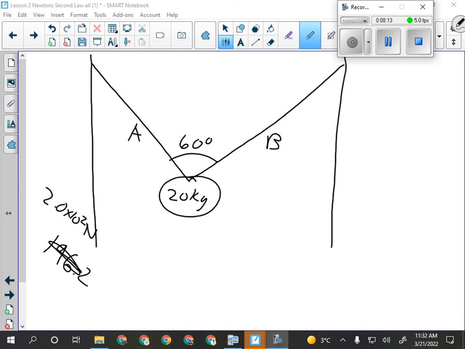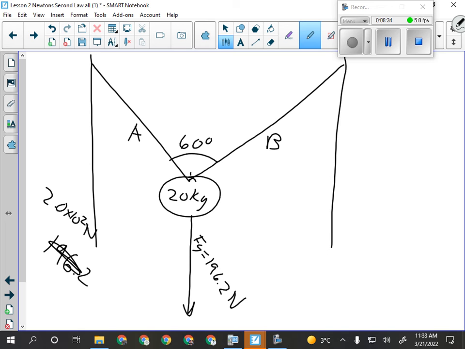So it starts out the same as the last one. Obviously, the main force here pulling downwards is the force of gravity. And it's going to be 196.2 newtons. So there has to be 196.2 newtons pulling straight up. Here's the mistake people make.